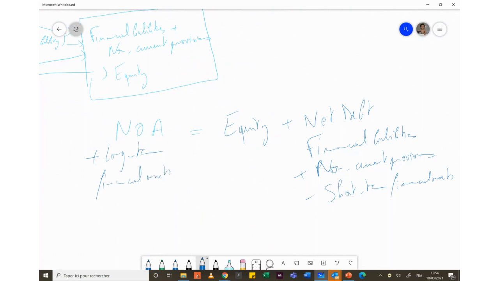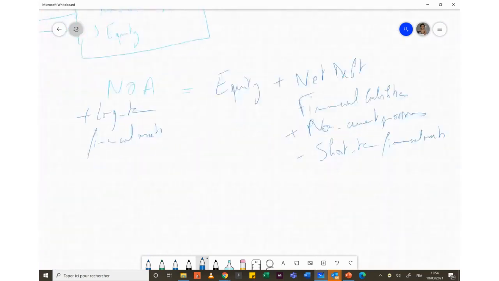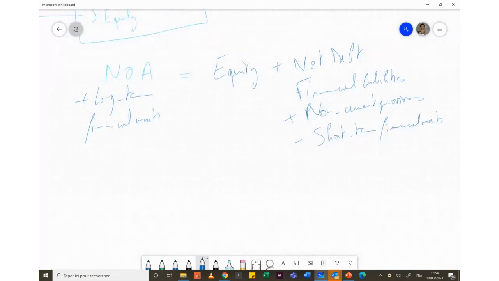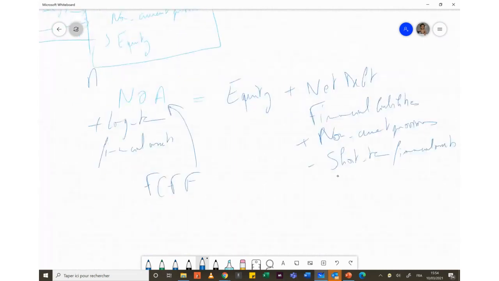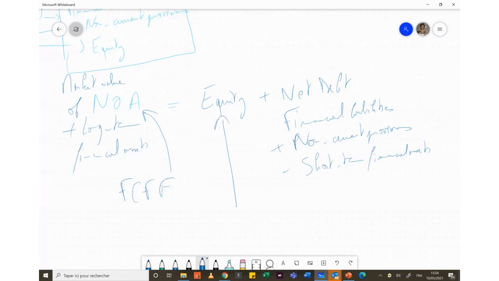In this presentation, why we use this one is because we calculate the free cash flow from here. With the free cash flow from firm, we have the market value of the net operating assets. And we can define the market value of equity with what we name the discounted cash flow methods.